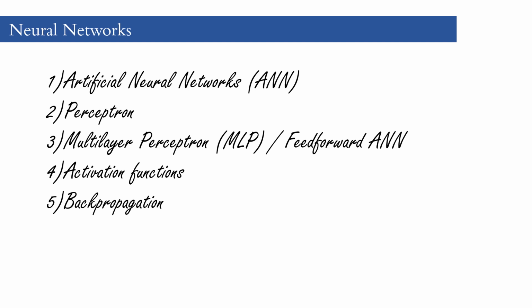By combining perceptrons, it is possible to build multilayer perceptrons or feed-forward artificial neural networks. The perceptron can have different activation functions, and we discussed those types of activation functions. Finally, we concluded by explaining backpropagation, which is an algorithm used to solve the weights of the neural network using gradient descent.